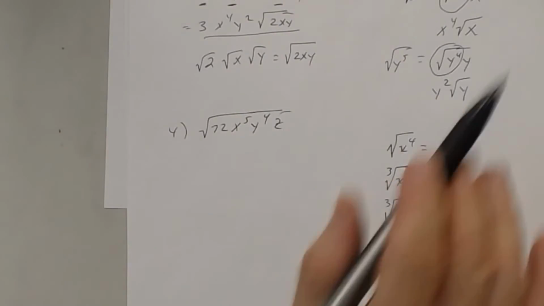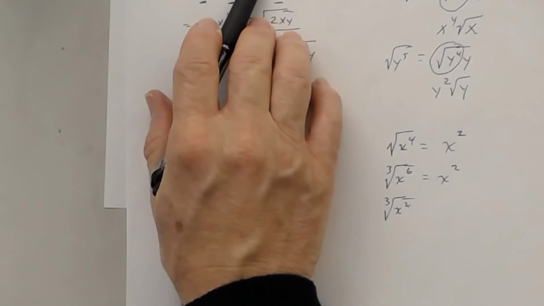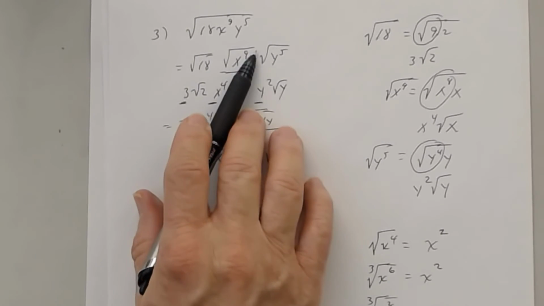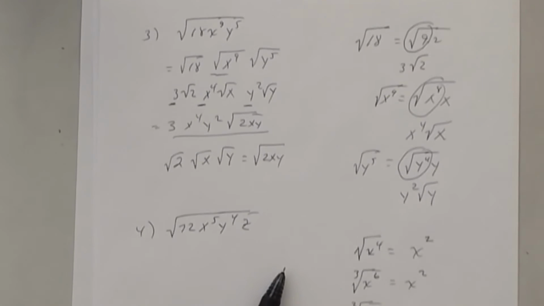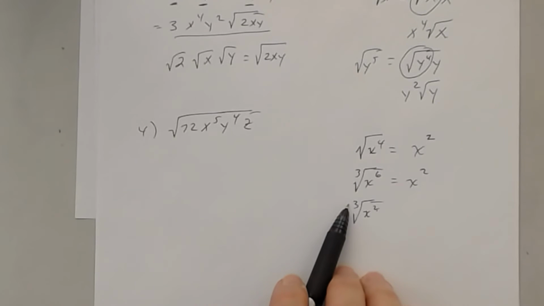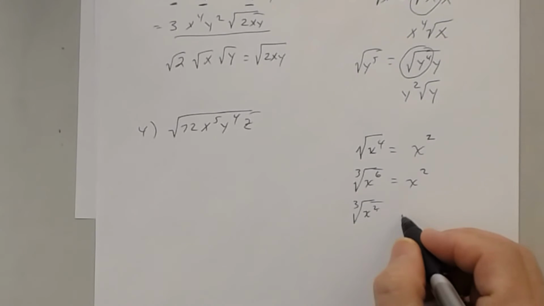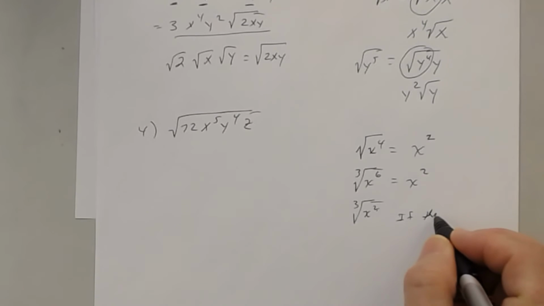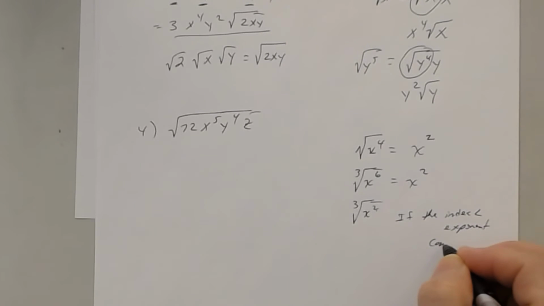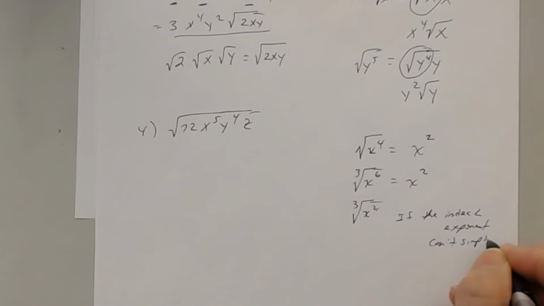In every one we've done, the exponent was always bigger than the index. 9 is bigger than 2. 5 is bigger than 2. Now we got to a point where the exponent 2 is less than the index 3. So we cannot simplify that. If the index is greater than the exponent, you can't simplify. Okay?